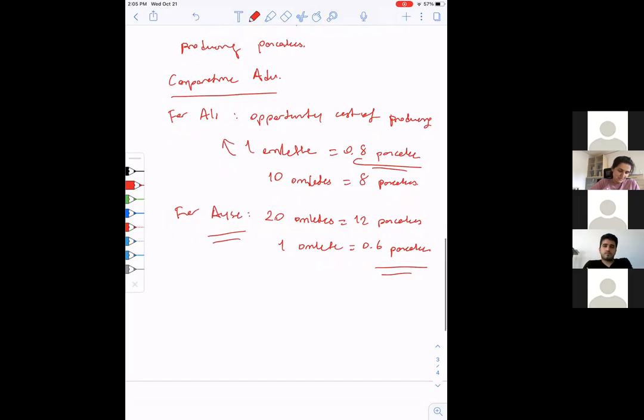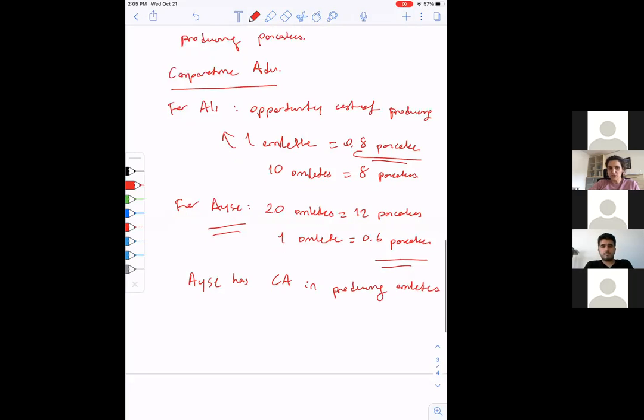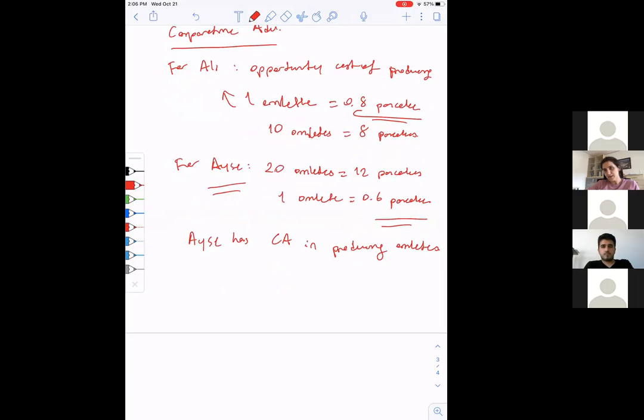So then we can say that Ayşe has comparative advantage in producing omelet, right? So she has to give up less amount of pancake. We are doing the same exercise for pancakes.